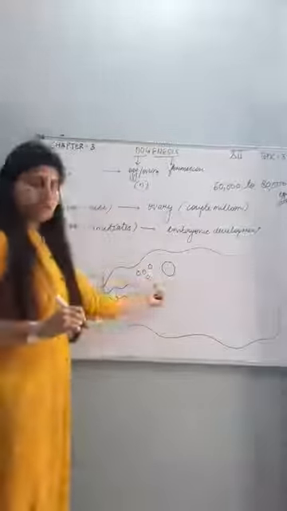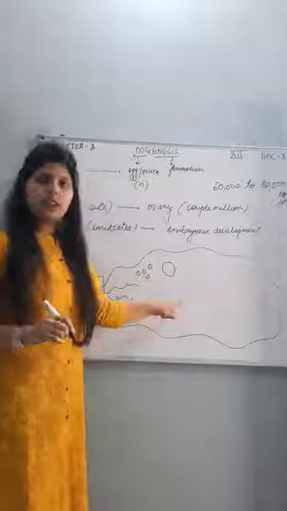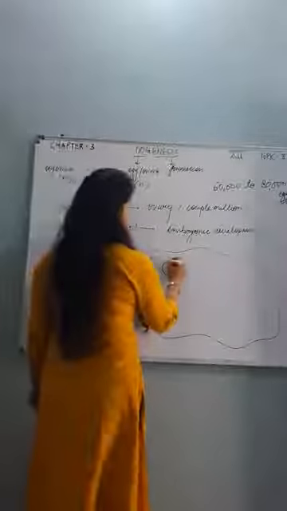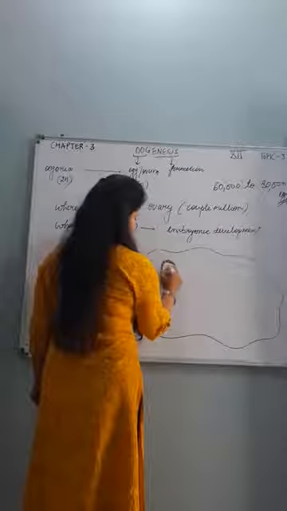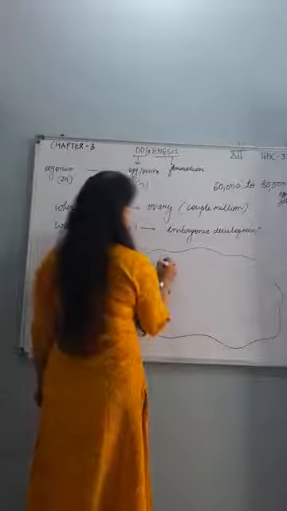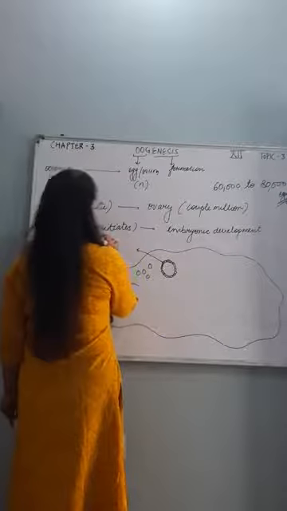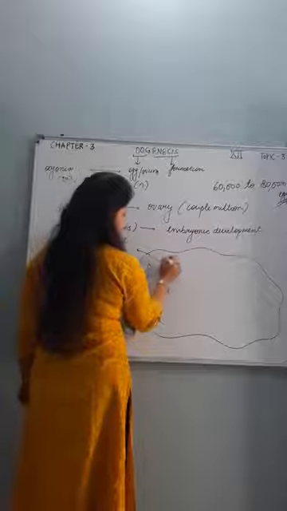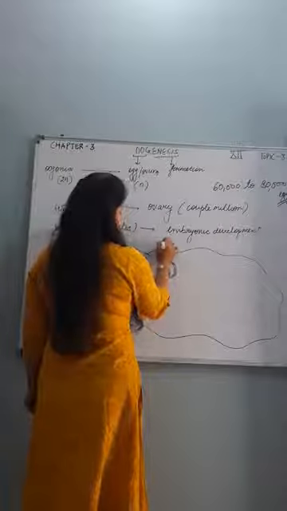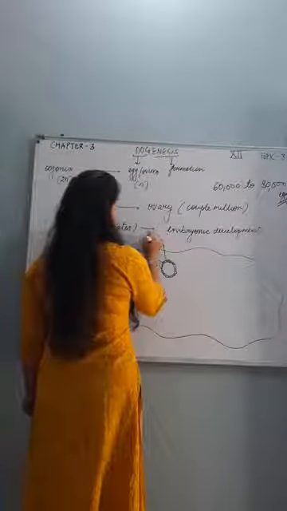After its formation, the primary oocyte is surrounded by the granulosa cells.